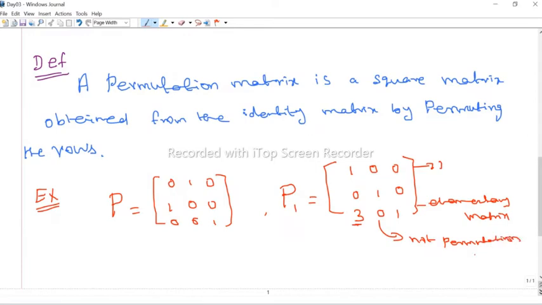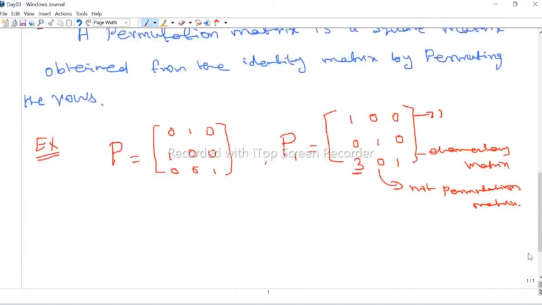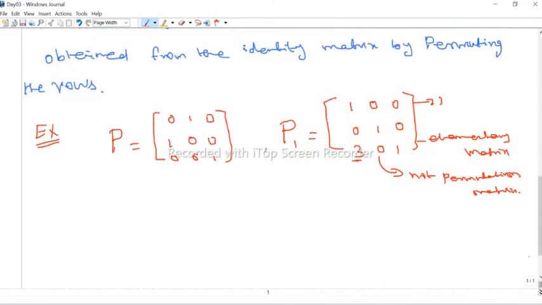Therefore some elementary matrices are permutation matrices. Since we apply the second kind of row operation, every permutation matrix is an elementary matrix, but an elementary matrix need not be a permutation matrix. This P1 is an example. This permutation matrix is also an invertible matrix.